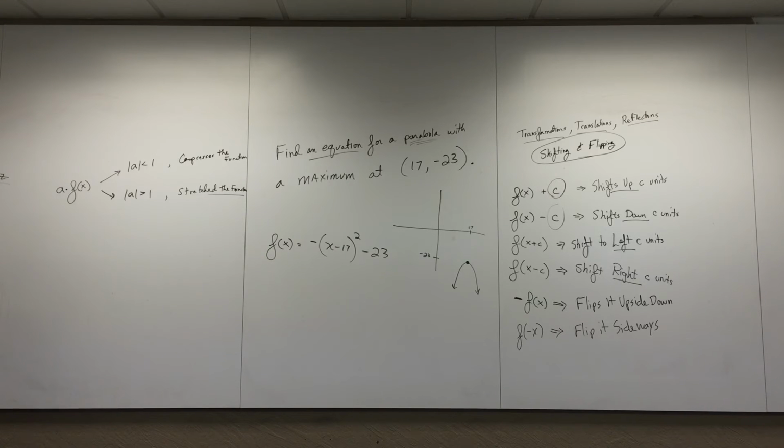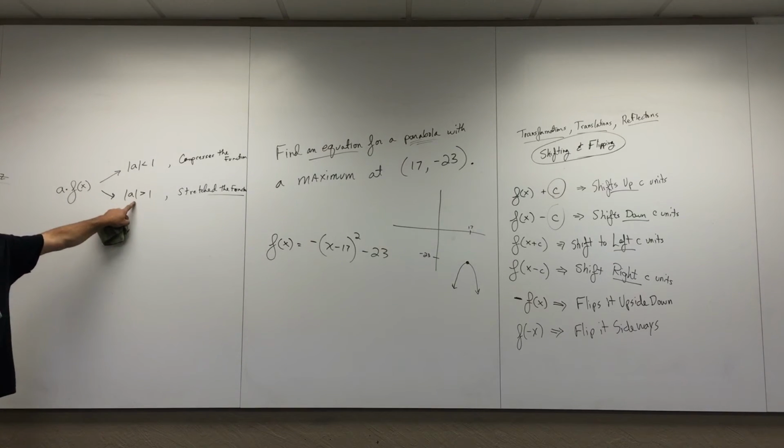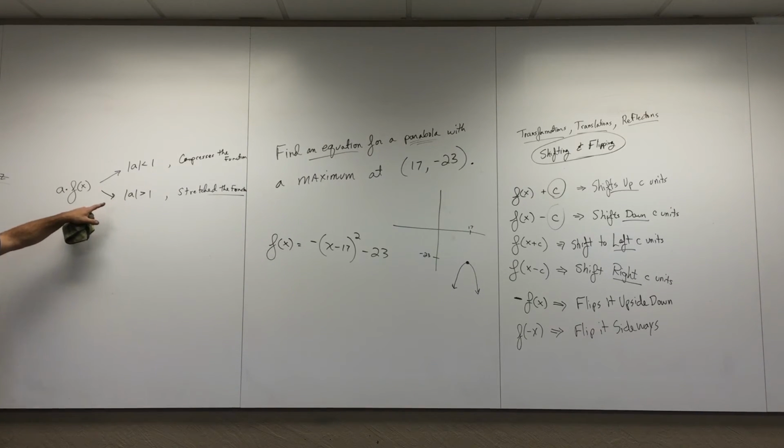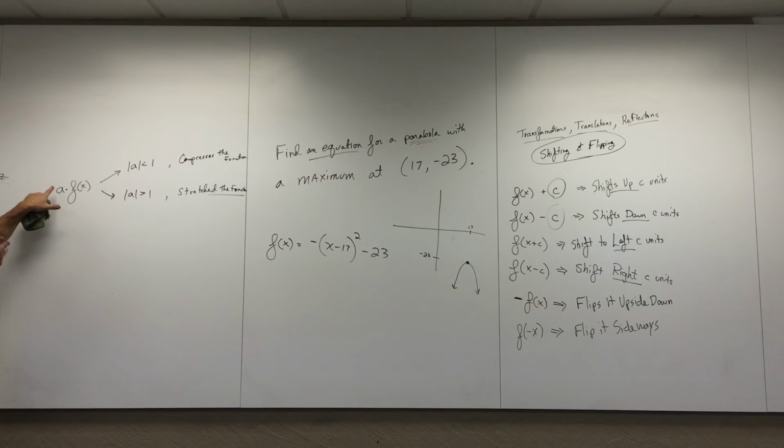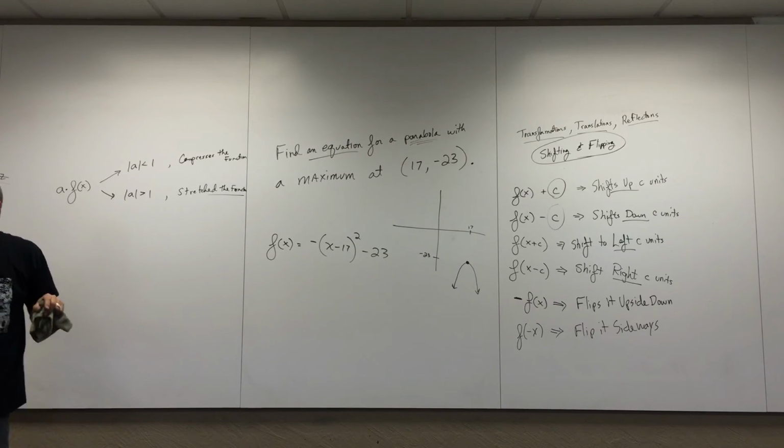That's good enough. Hey, why did I use absolute value on this A? Do you know what I'm doing here? Because I don't want to discuss the negativity of it, because if it's negative, what is that doing? That's the flipping. So if it's a negative number, that's the flipping upside down or not. So the negative is the flipping.